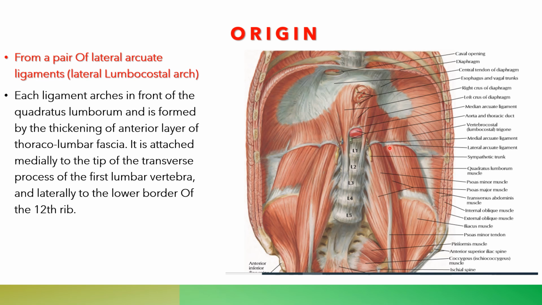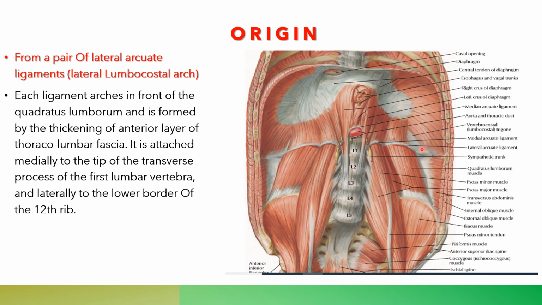So each lateral arcuate ligament bridges across the quadratus lumborum muscle, and it is formed by thickening of the anterior layer of thoracolumbar fascia. The lateral arcuate ligament is medially attached to the tip of the transverse process of the first lumbar vertebra, and laterally to the lower border of the 12th rib.